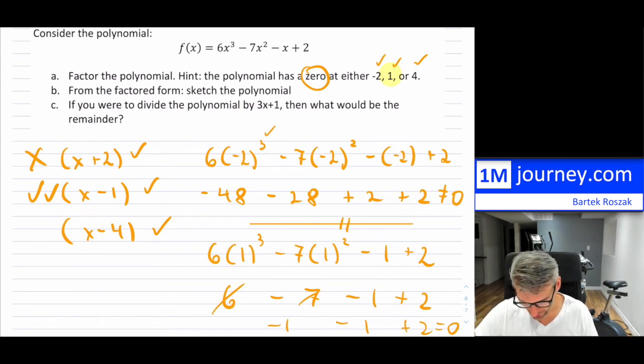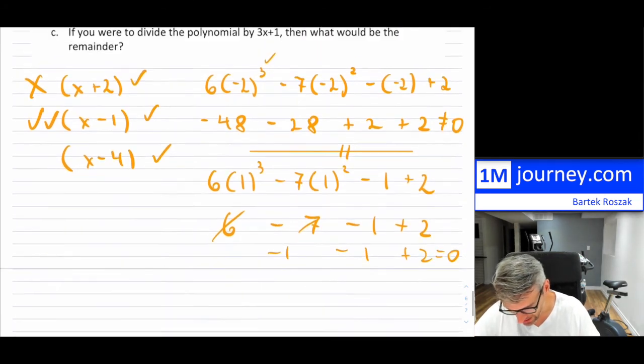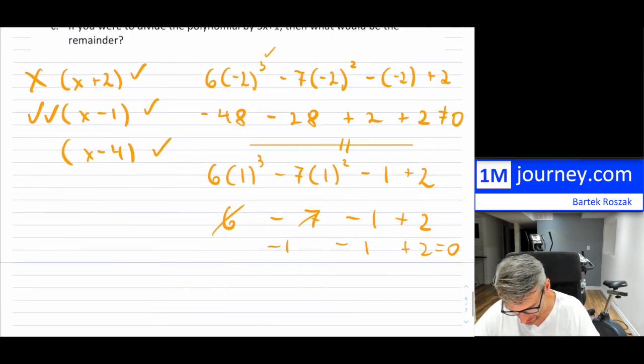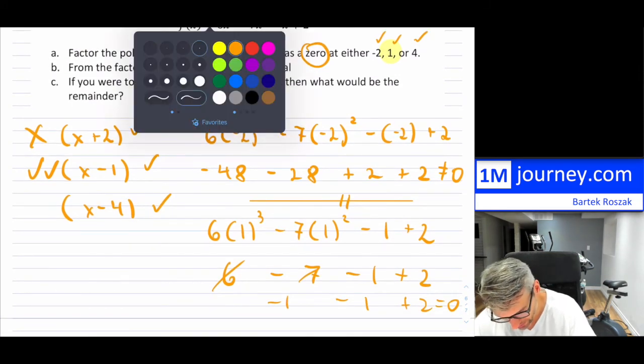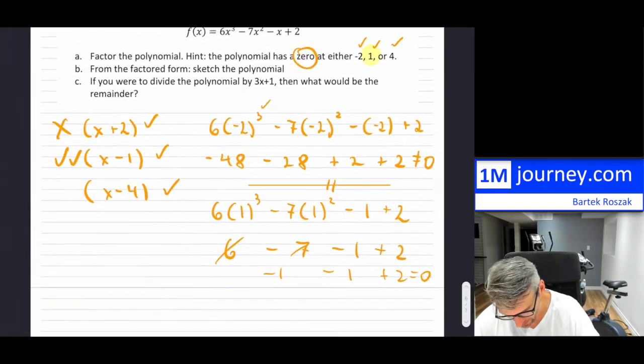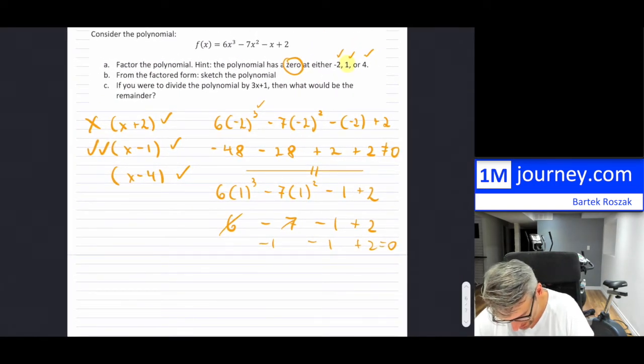Okay, perfect. So now that we know that this is the 0, what that means is that x minus 1 will go into that. I guess I'm still going to have to do long division here, because I want to see what the quotient was.